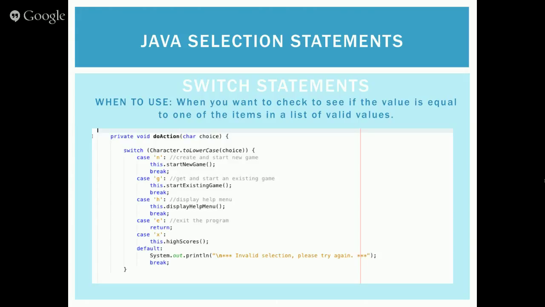It also provides a spot for the default to be used if they had any other selection at all. So the case determines exactly what the valid value is, and then it will take them to that position, and that's the last of the selection statements.